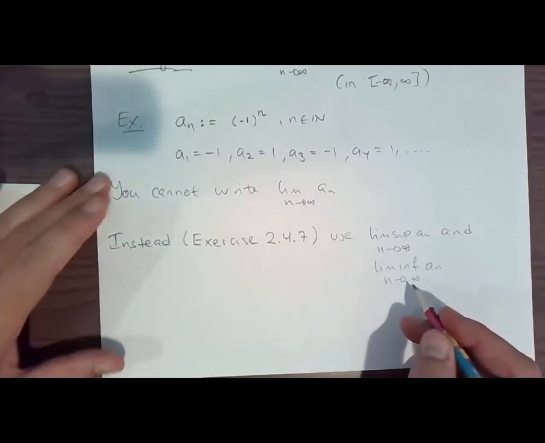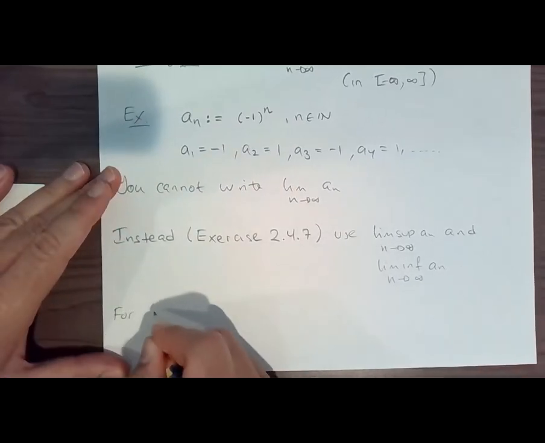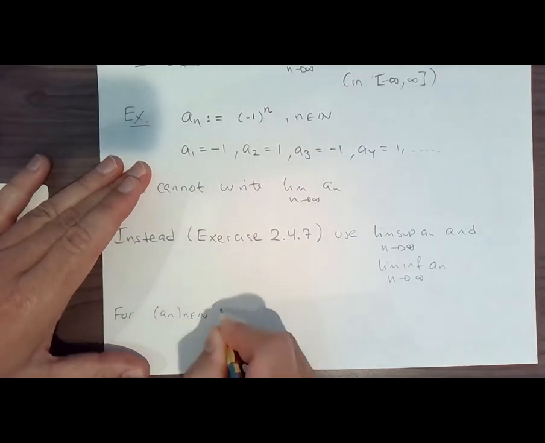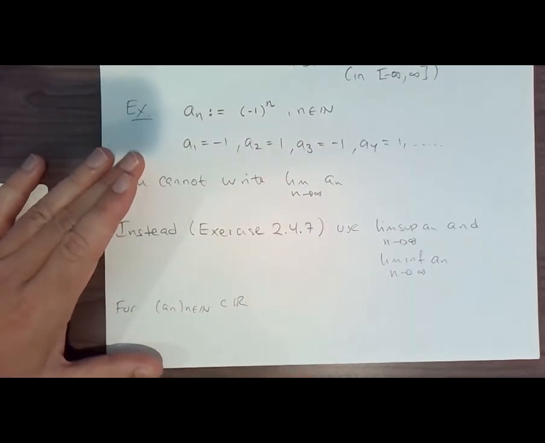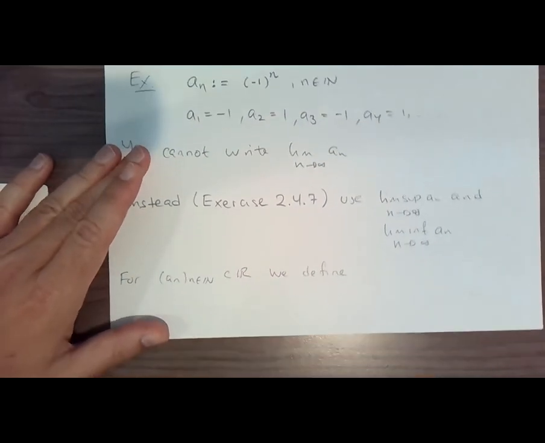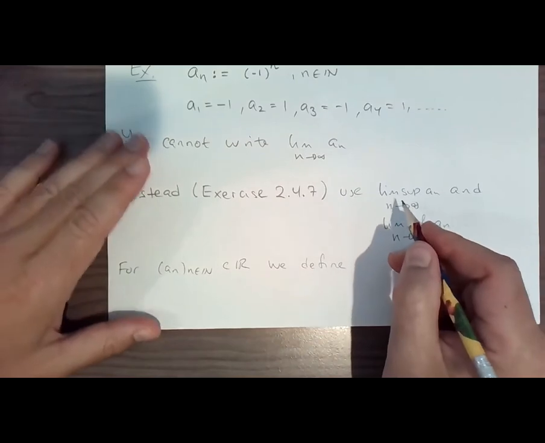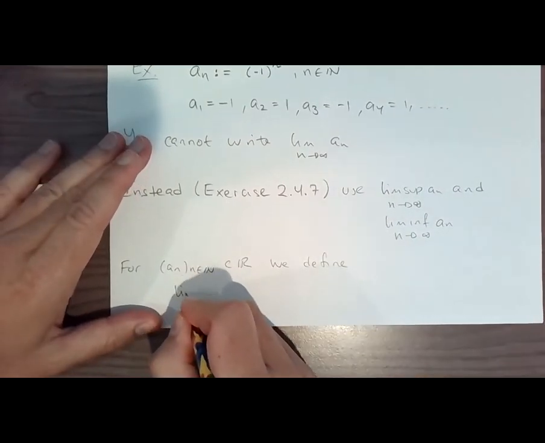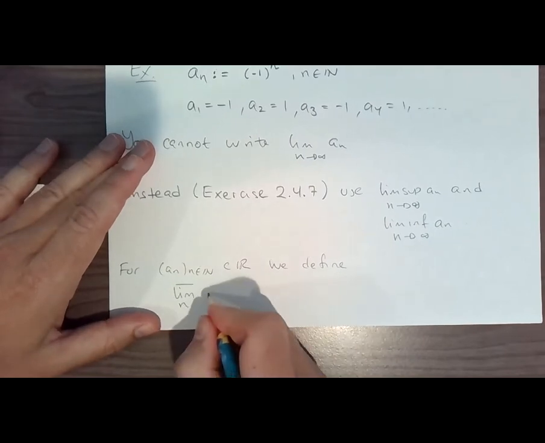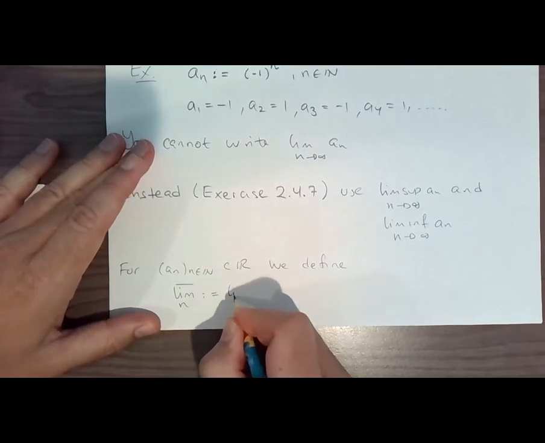So how are these defined? For a sequence, for this collection of real numbers, we define lim sup. There are a couple of ways to write it. You can write it like this and then put a line over it. This is just the same as writing it out the long way.